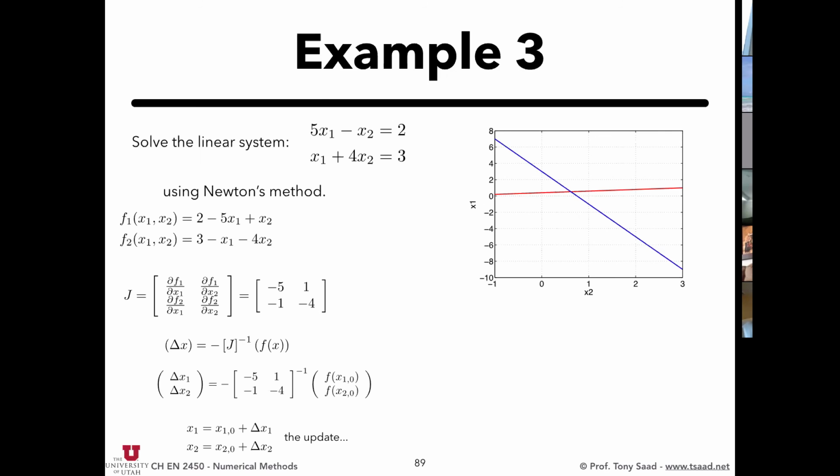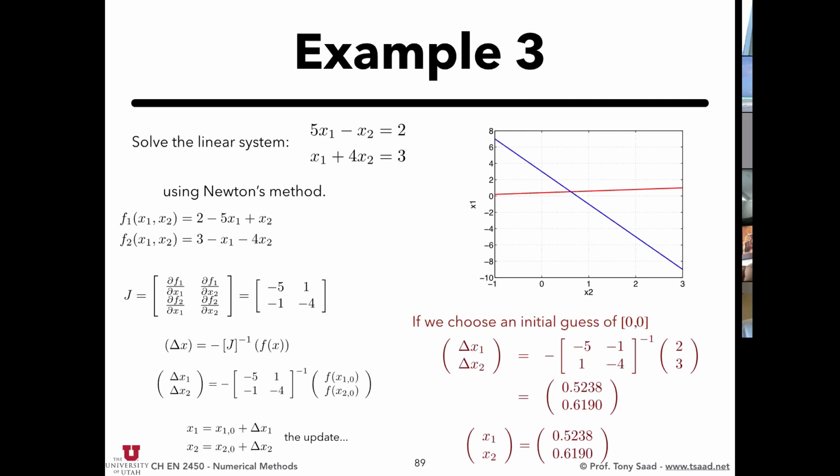Now, if you look at the solution with the Newton method, we get delta is minus J inverse times F, and that gives you delta x1 and delta x2, the inverse of the matrix times f at x1 and f at x2, and then you get the update for x1 and x2.